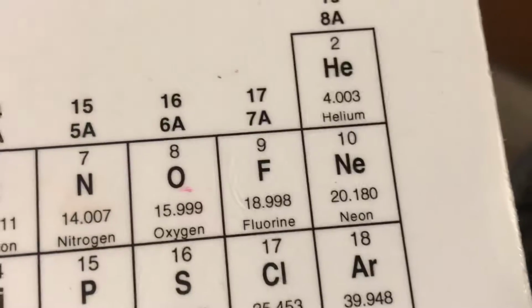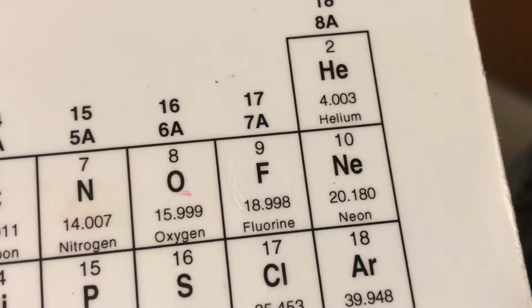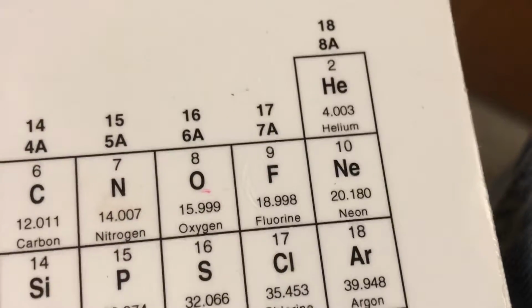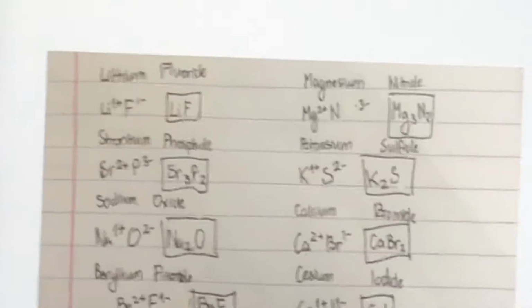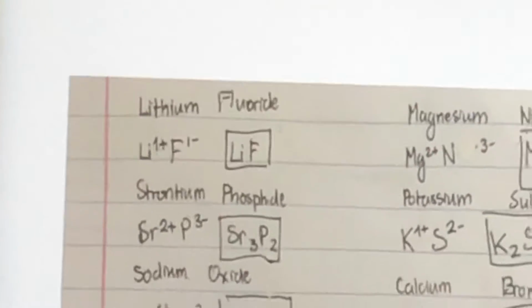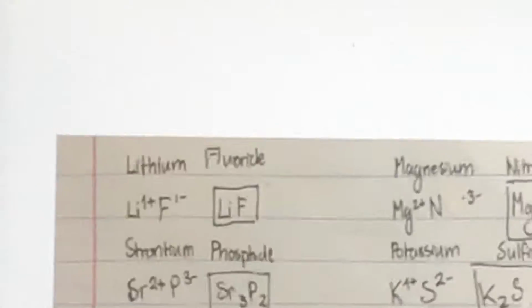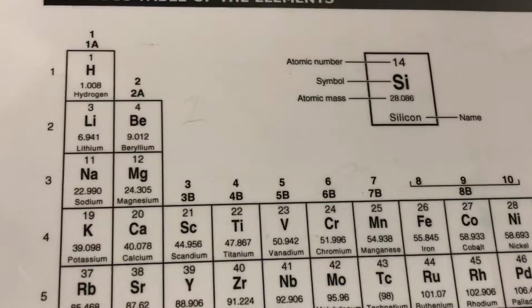And fluorine, which is all the way over here, has 7 valence electrons, and it needs to steal 1 to get to 8. So, the 1 shall not be written in the formula, so it is LiF. The cation, which is on the left side of the periodic table, will always be written first.